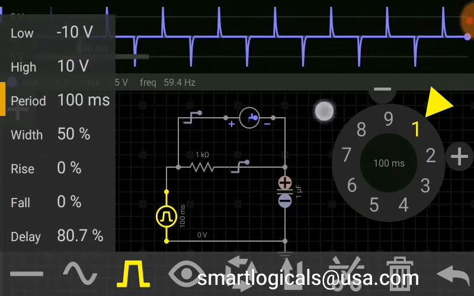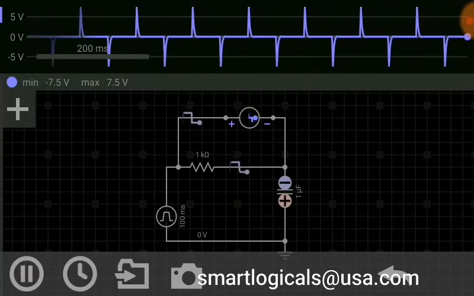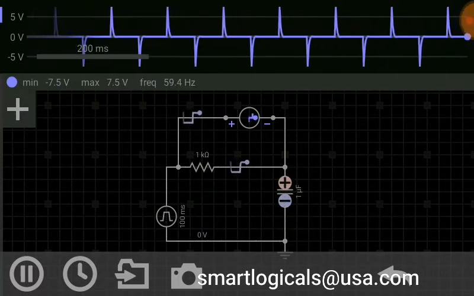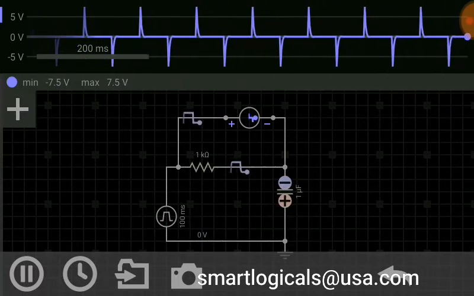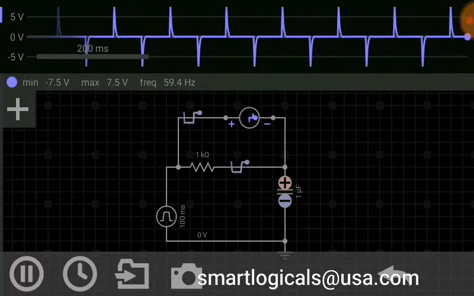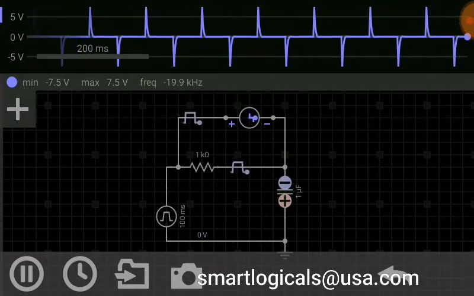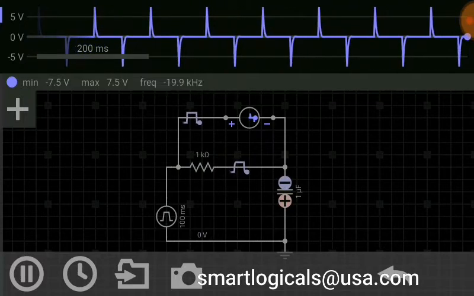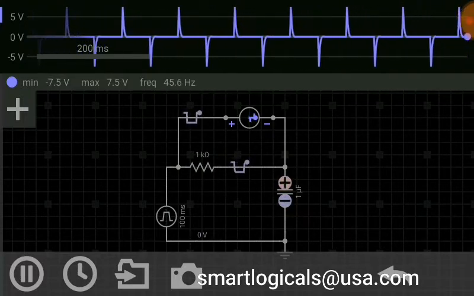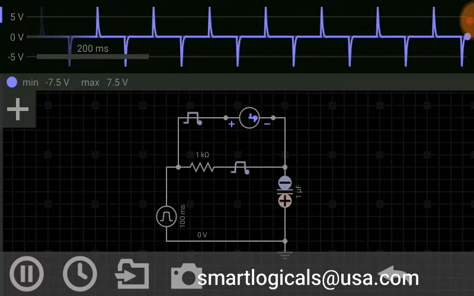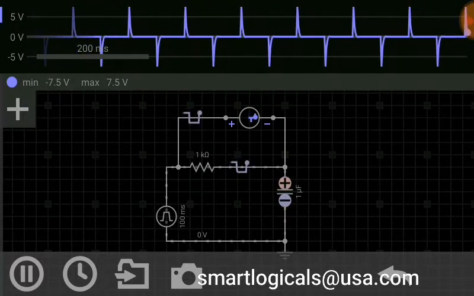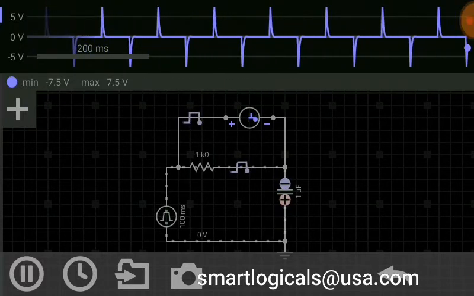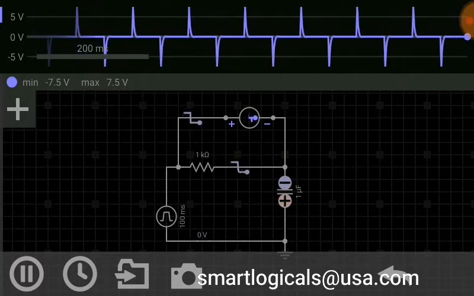Well, friends, impulses of 7.5 volts are going to be developed. That means if we apply a 10 volt input, the output voltage is developed as 7.5 volt impulses.